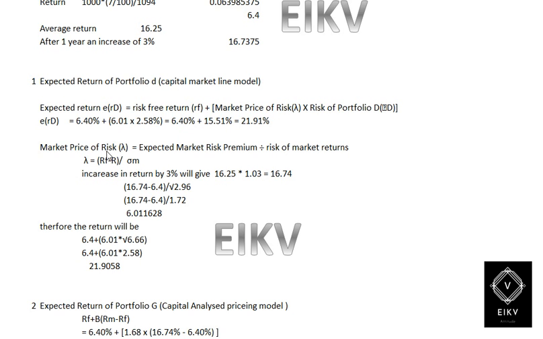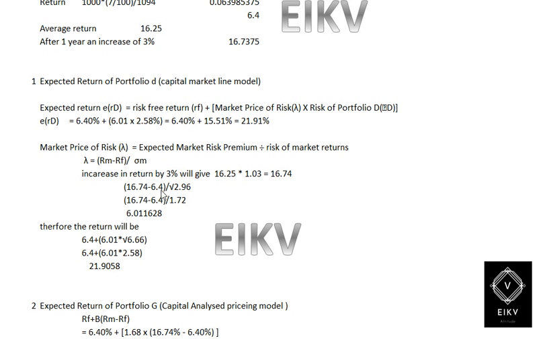So first we need to compute the lambda. The formula for lambda computation would be Rm minus Rf divided by standard deviation of market, where Rm is the return of the market. Here we need to consider the 3% increase, which would be 16.25 into 1.03, giving you 16.74.